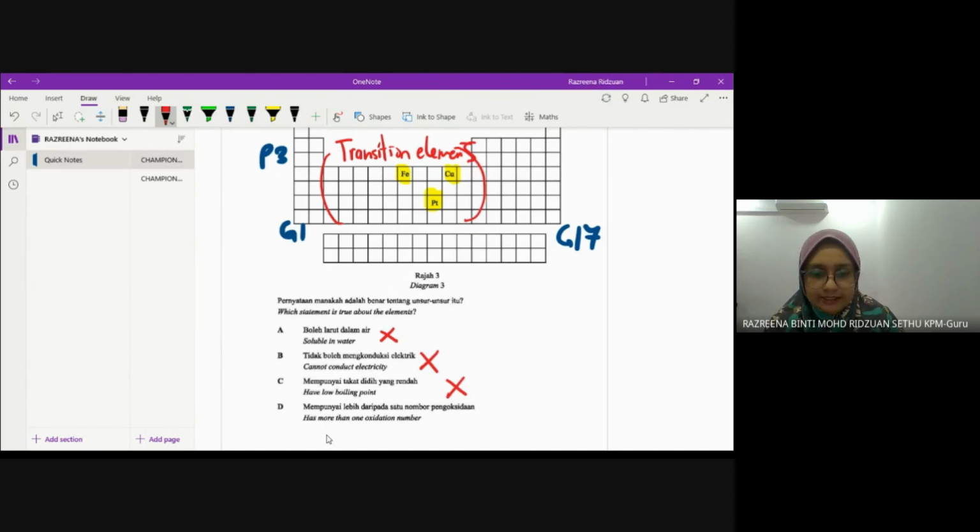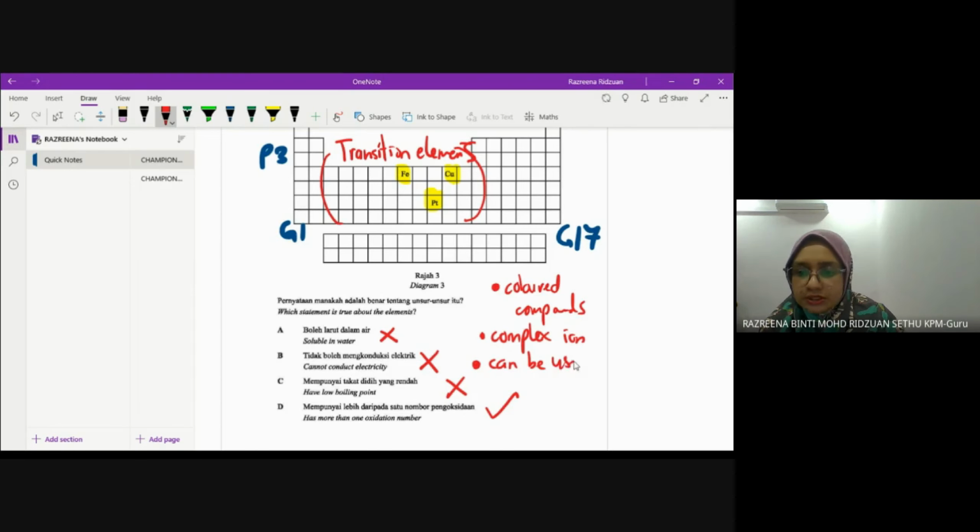Next is they have more than one oxidation number, which is one of the 4 special characteristics. Another characteristic, they can form colored compounds or complex ions, and they can be used as catalysts. These are the special characteristics of transition elements.